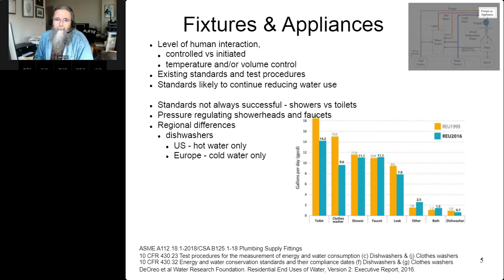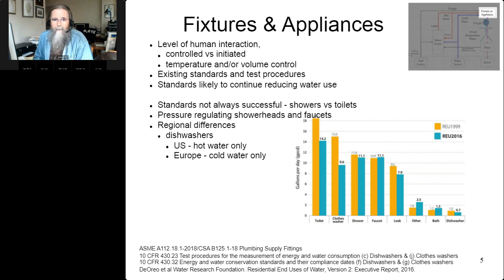The third set of bars from the left is showers. And you'll see there's hardly any drop in water use. And that's after the low flow shower head standards went into effect. So low flow shower head standards were not a success. And someday I can bend your ear about what I think the reasoning for that was.